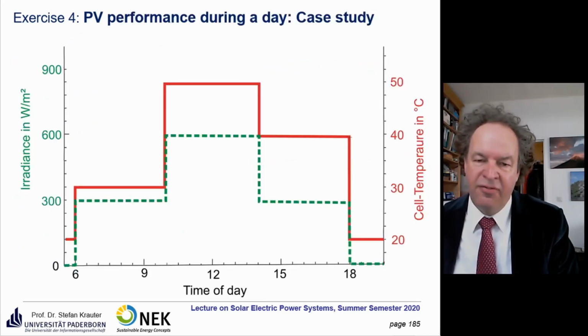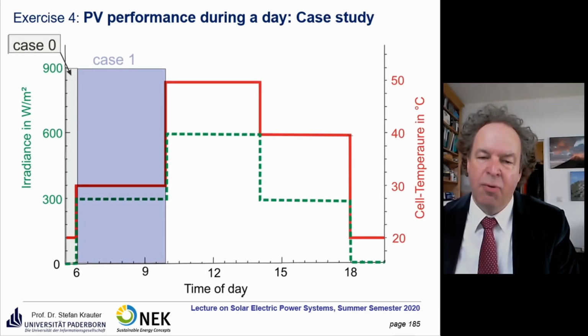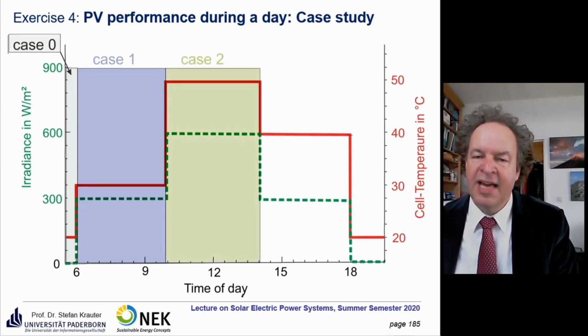This is again the graph, and we separate first case 0, before 6 a.m. That's quite easy because there's no irradiance, there's no output. Then from 6 a.m. to 10 a.m. we have case 1. Then from 10 a.m. to 2 p.m. we have case 2, and then we have case 3 from 2 p.m. till sunset.